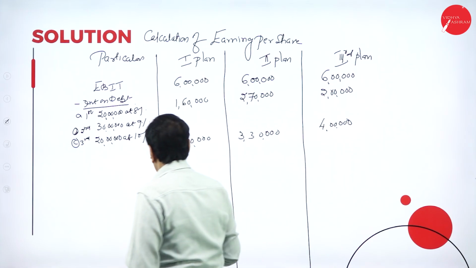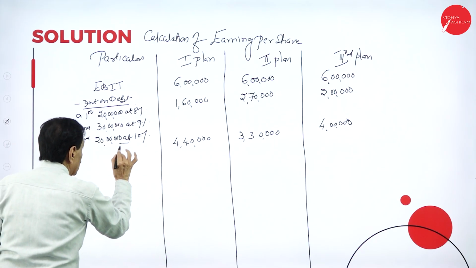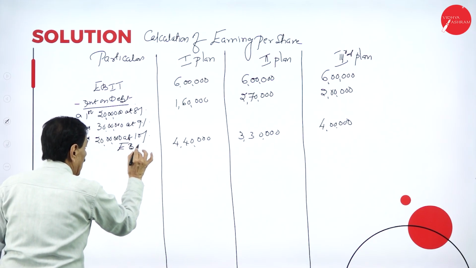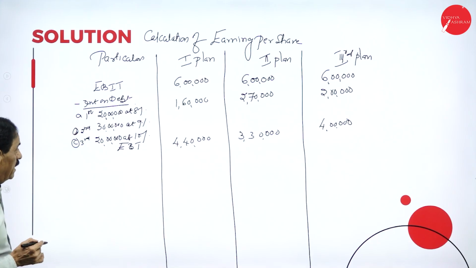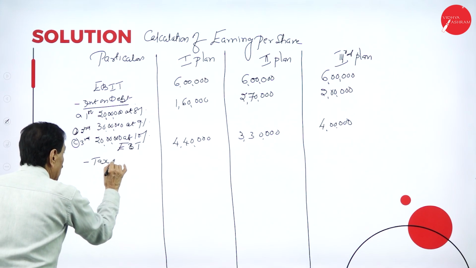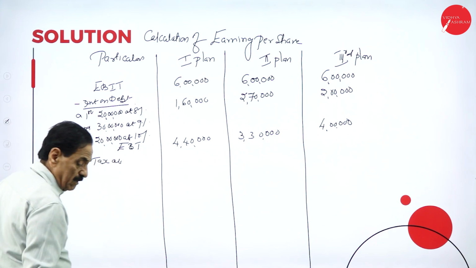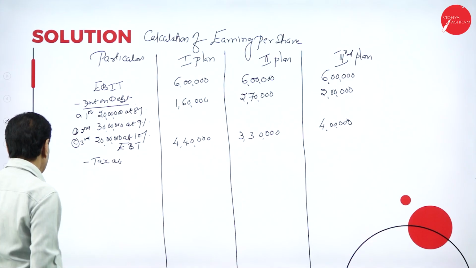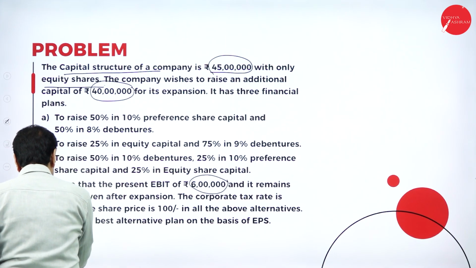What is this? Earning before taxation. Earning before taxation minus tax at, what's the rate of tax? At 30%.